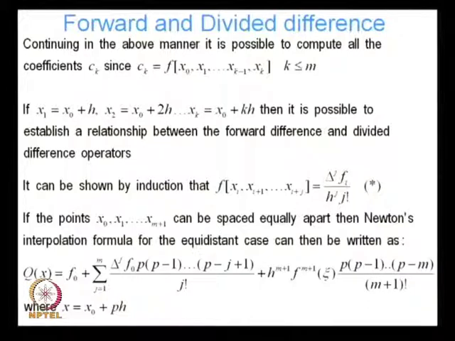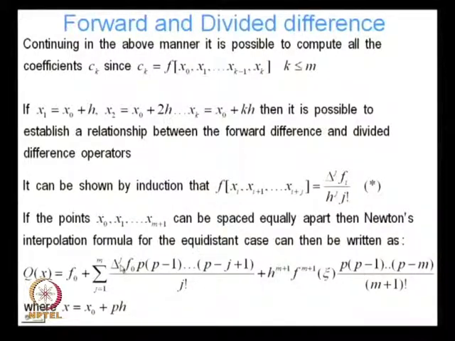So if the points x0, x1, ..., xm+1 can be spaced equally apart, then Newton's interpolation formula for the equidistant case can be written in terms of my forward difference operator, taking advantage of this equivalence between the forward difference operator and the divided difference operator. I can write my Newton's interpolation formula in this form, where it involves the forward difference operator instead of the divided difference operator.